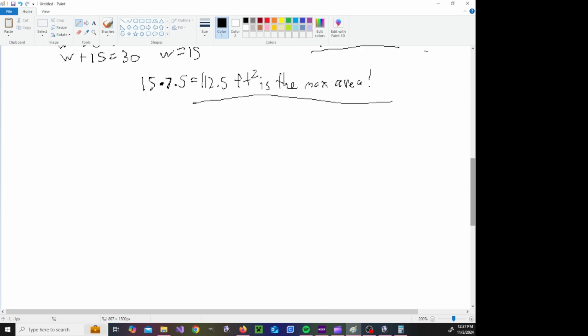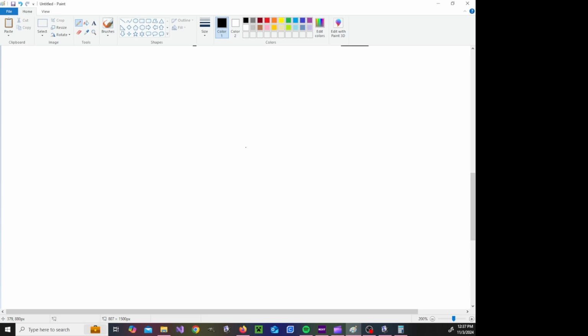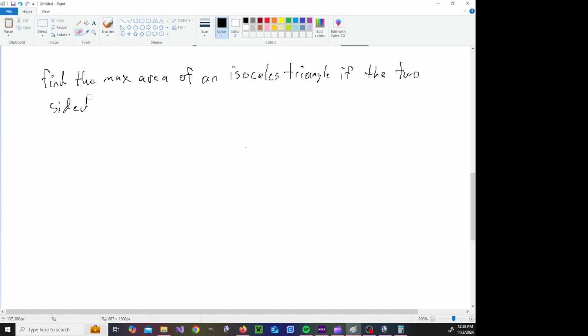So there's another problem that is on the homework a lot, which is something like: find the max area of an isosceles triangle if the two sides of the same length have length a.